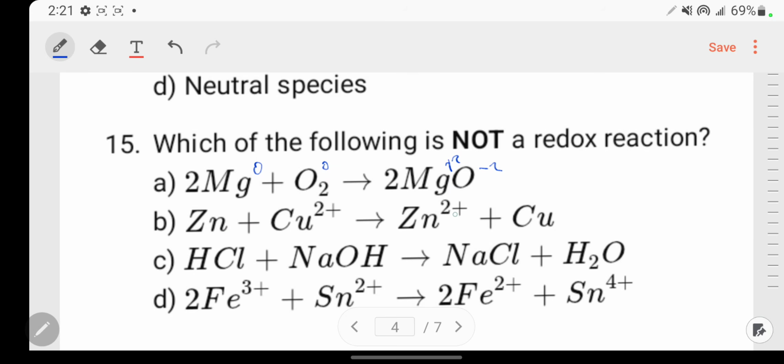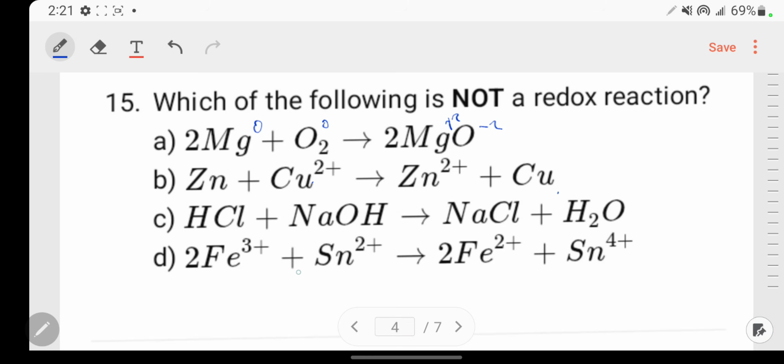Zinc goes to zinc 2+. This one is also a redox reaction. It's both oxidation and reduction. Then for answer choice D, we have 3+ to become 2+, and 2+ to become 4+. So all of these are both oxidation and reduction.